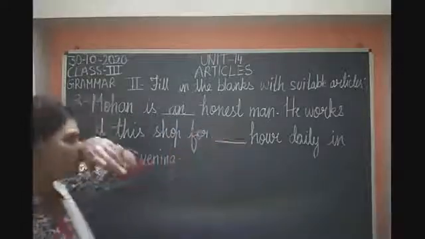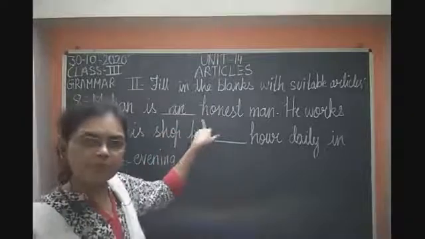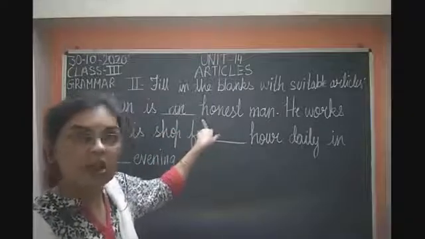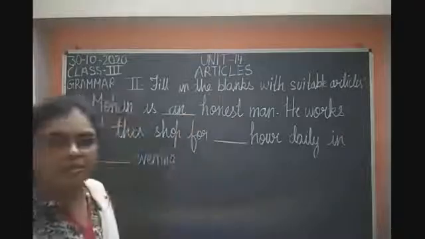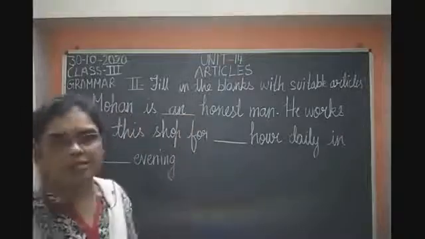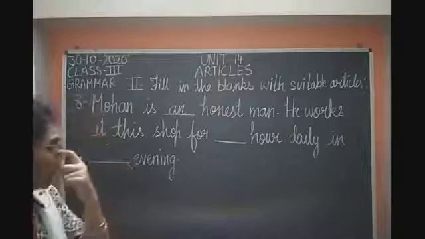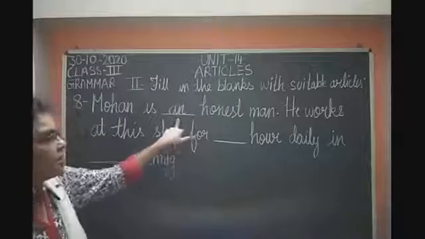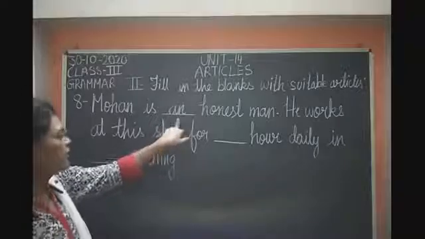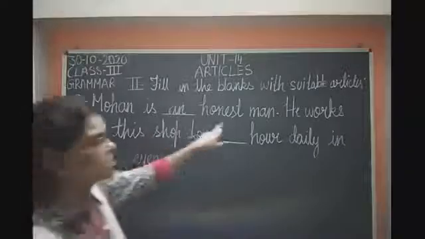Though the spelling starts with H, when you pronounce this word, you pronounce it as honest, right? So that O sound is coming, the sound of a vowel. So we will use the indefinite article an in the first blank of the 8th one. Mohan is an honest man.